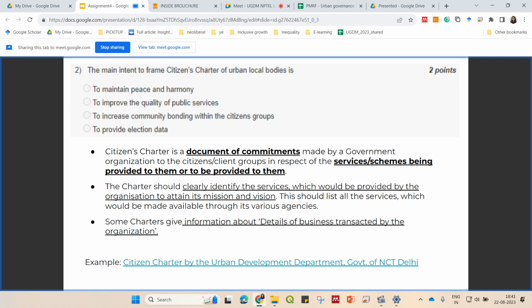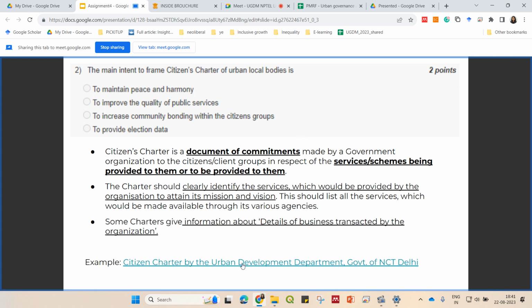So not only that particular organization, but if the organization is working in tandem with some other organization, it also clarifies the information regarding that as well. Some charters even give out detailed information of business transacted by the organization, which can be a part of some public services which it is providing.